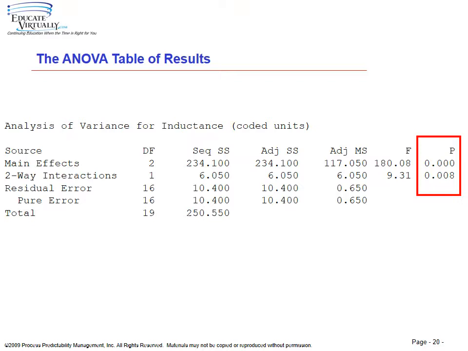P-value is 0.000, which means our confidence is somewhere close to 100%. The two-way interactions have a p-value that's extremely small as well, 0.008, giving us a confidence of 99.2%. Therefore, we can conclude that the main effects and the two-way interaction are significant.